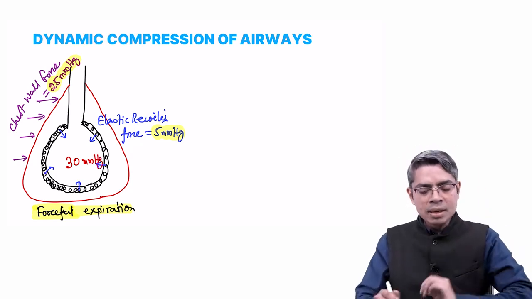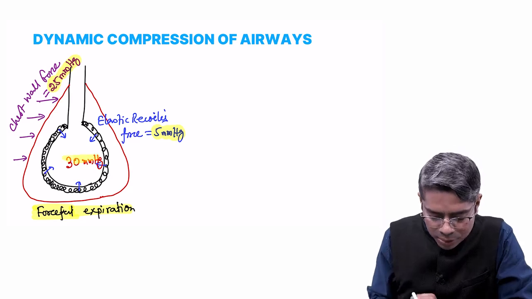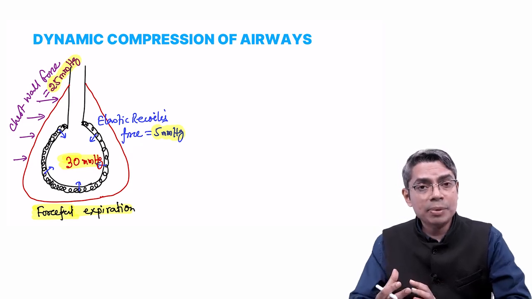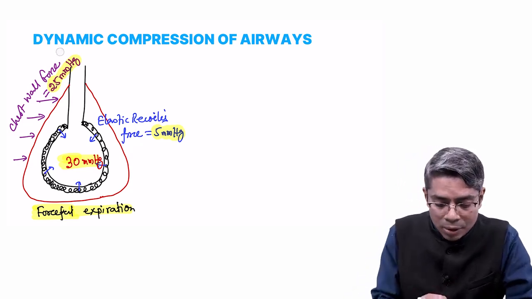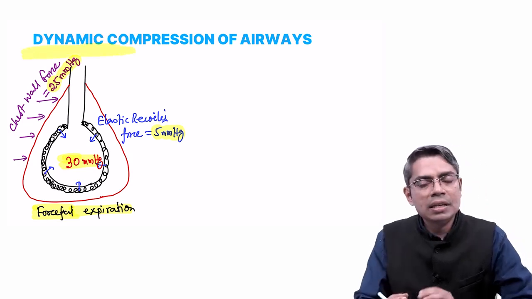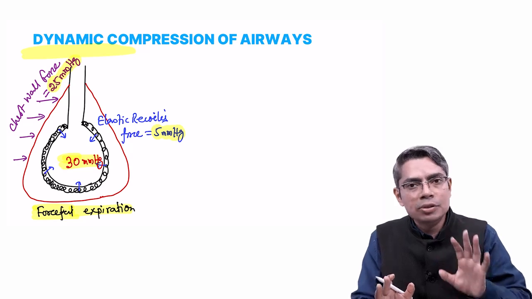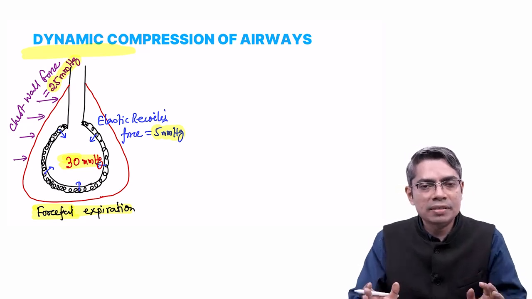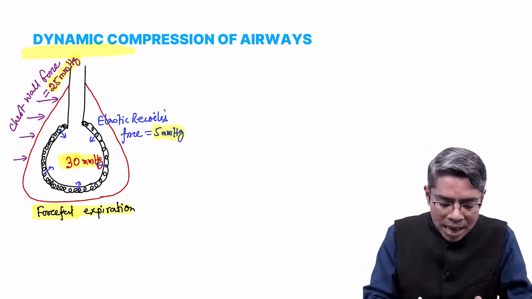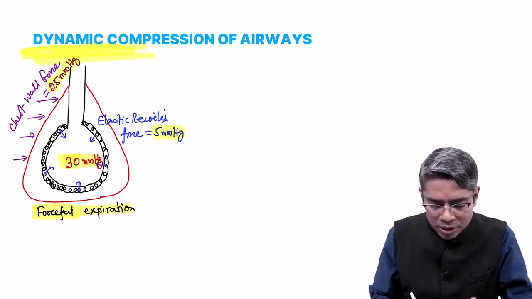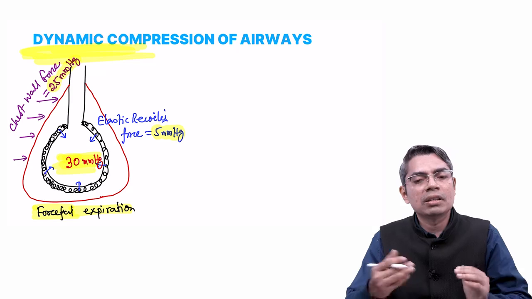So, this 30 millimeter of mercury means the alveolar pressure is very huge in comparison to the atmospheric air pressure, because atmospheric air pressure is 760 millimeter of mercury, that is equal to 0, because we already discussed that in the respiratory system all the pressure is described in terms of relative pressure. So, as if your atmospheric pressure is 0 millimeter of mercury, and in that, your alveolar pressure is now 30 millimeter of mercury.